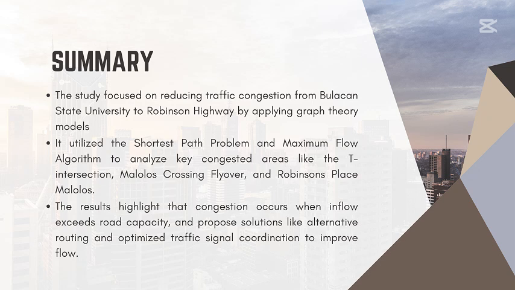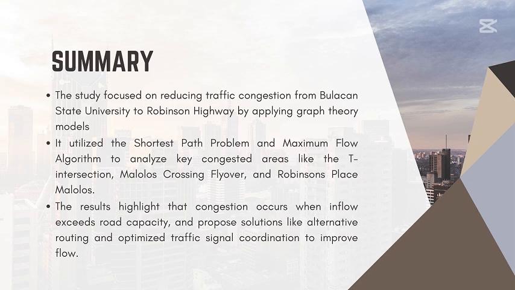For the second bullet, it utilized the shortest path problem and maximum flow algorithm to analyze key congested areas like the T intersection, Malolos Crossing Flyover, and Robinson Place Malolos. This indicates that the research applied the shortest path problem to identify quicker, less congested routes for vehicles.